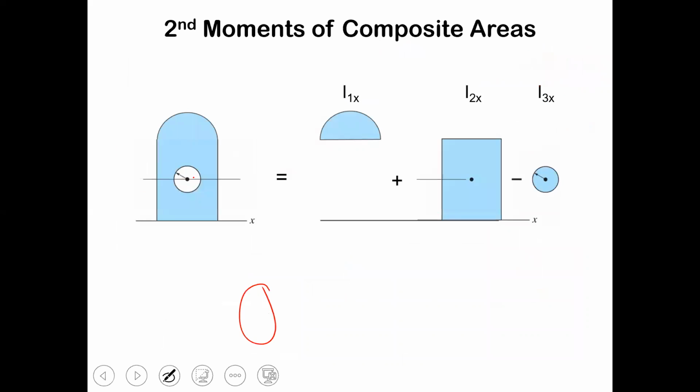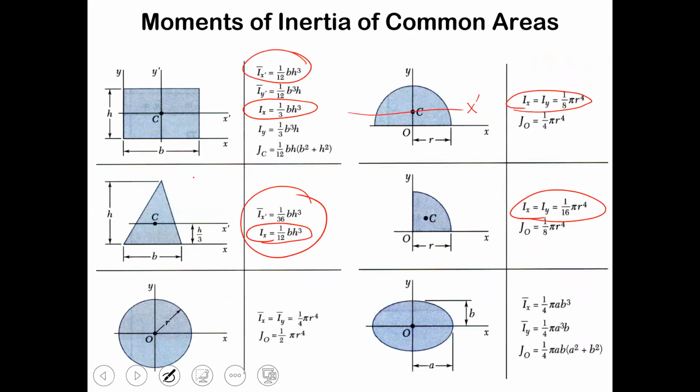When you look at the table here, the typical table shows you a semicircle, but it's showing you the moment of inertia about the centroidal axis of that semicircle, and we would need to shift that a certain distance. But if we find it about the centroidal axis, that is, for our purposes, fine.